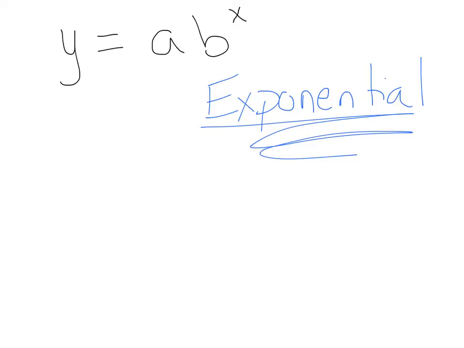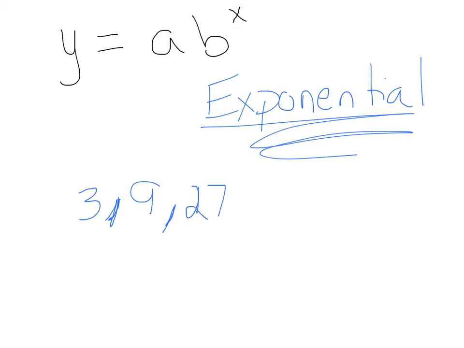Greetings humans, we're going to be talking about exponential functions, y equals ab to the x. So, goodness gracious, this is something that's changing by a constant factor. So you've got 3, maybe 9, maybe 27.